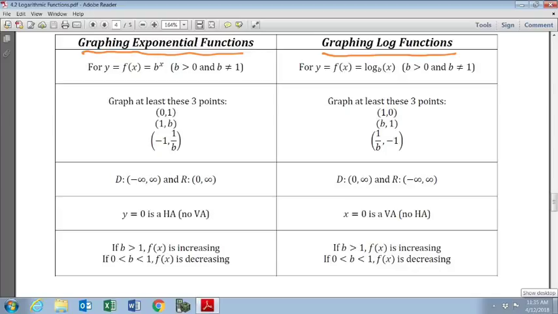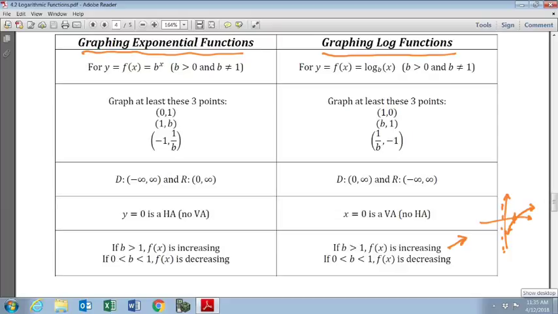The only other thing I would add is, if the base is greater than 1, which it normally is, then our graph is going to have this basic shape where it's going to go through (1, 0), and it's going to look something like that with a vertical asymptote. So this is the most common graph that we're going to be dealing with when we're graphing logarithms.